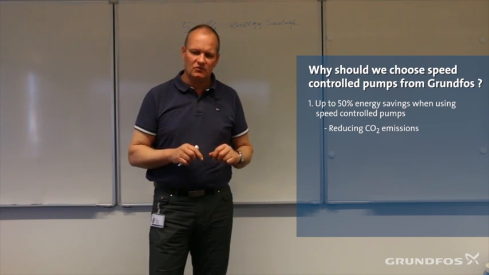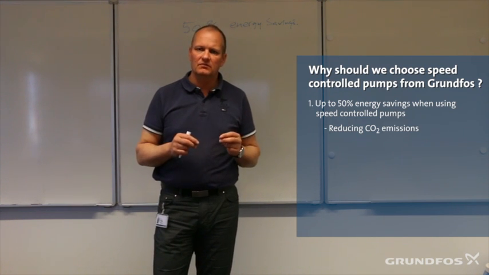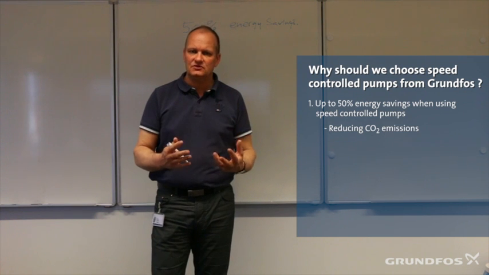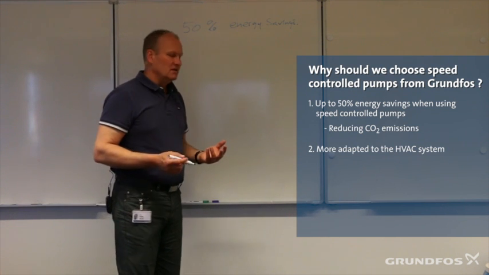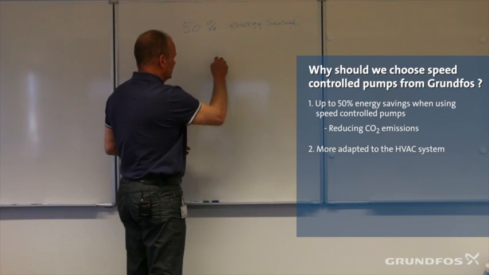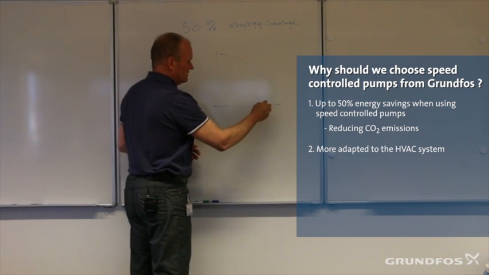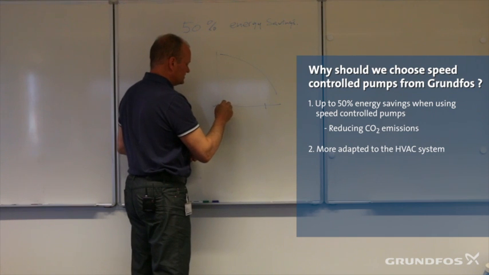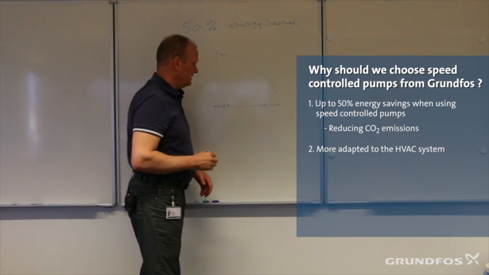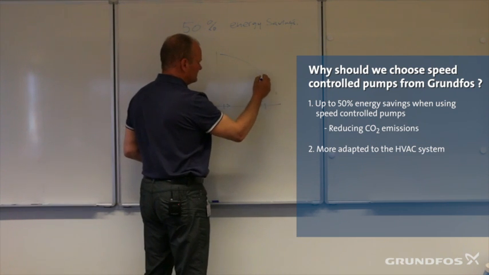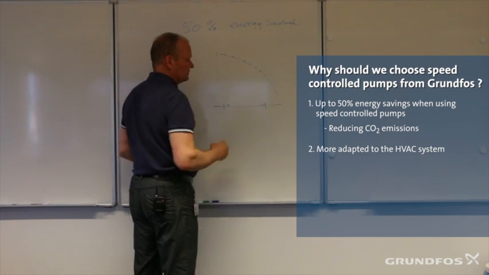Another thing is that when we use speed control pumps, we have pumps which are much more adapted to the whole HVAC system. Maybe you remember that last time I made this pump curve where I stated that when we have dynamic valves which might be operating within a certain range, actually these valves are the ones determining where the duty point will be on the pump curve.